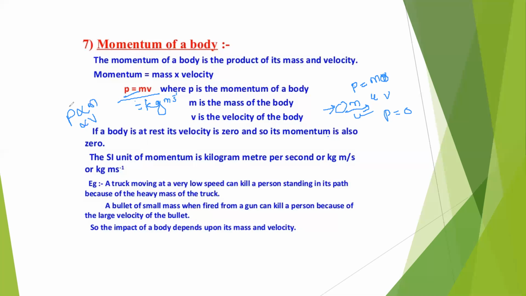So the impact of a body depends upon its mass and velocity. What we can conclude is that whatever effect occurs on a body is because of both mass and velocity. If either mass or velocity is more, the momentum will be more, correct?